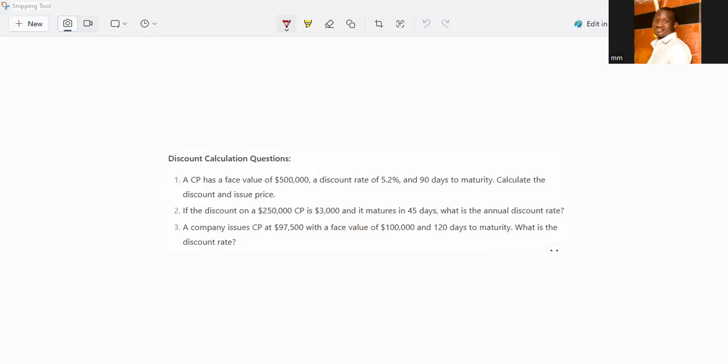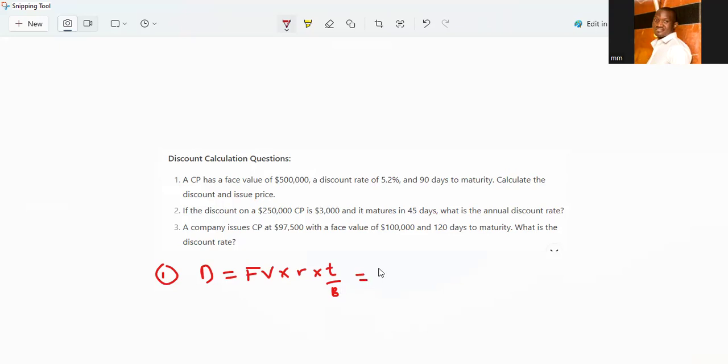So the formula for the discount D is equal to face value times the discount rate times the time over the base year B, which is 360.